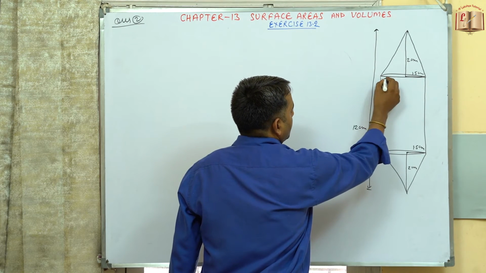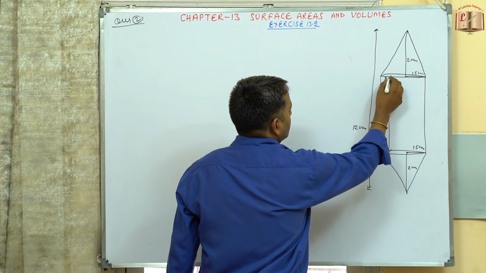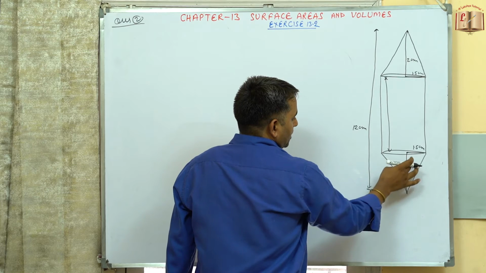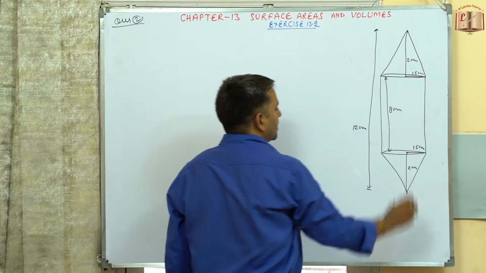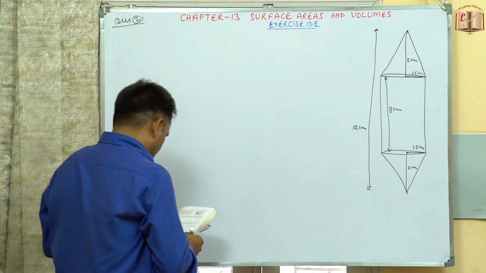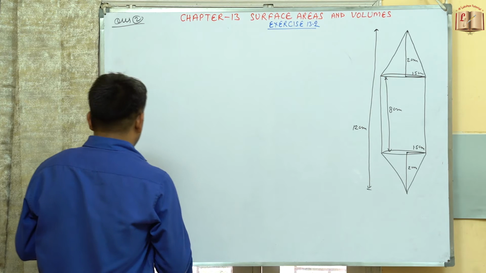So simplifying, we can find out this height. So this height will be 12 minus 4, so this will be 8 centimeter. Find the volume of the air content in the model.